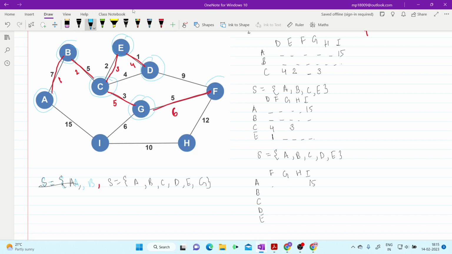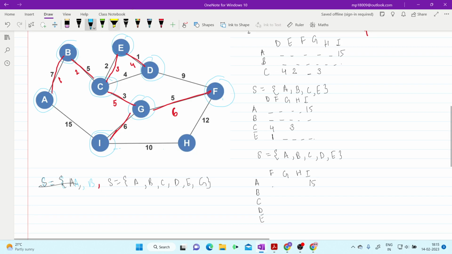And now this is also included in our S. Now the next edge will be GI. Yeah. So now this is also included. And now the next edge will be IH, right?